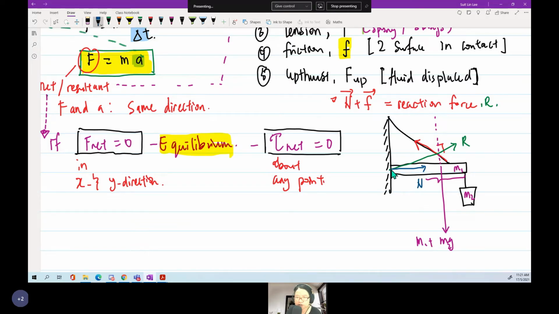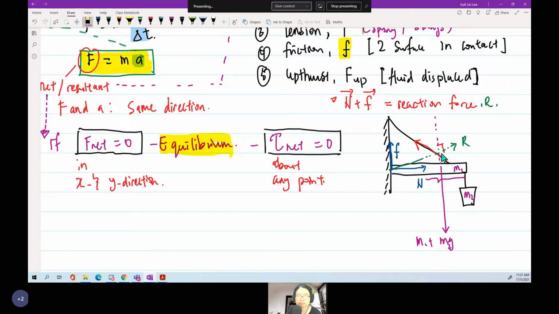And friction. Friction is pointing upwards in this direction. So the resultant between these two is R. And R, T and mg must pass through a common point. Okay? This is so that the net torque is 0 about a single point.